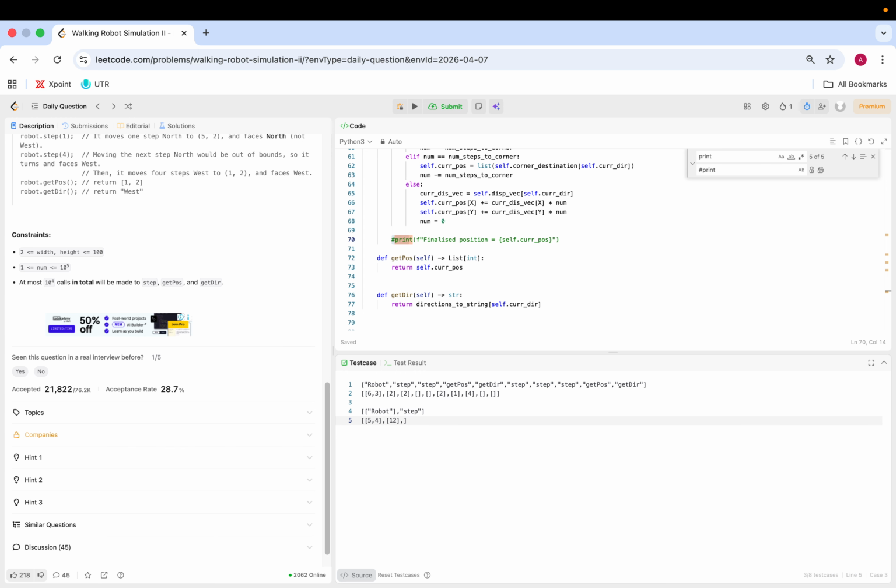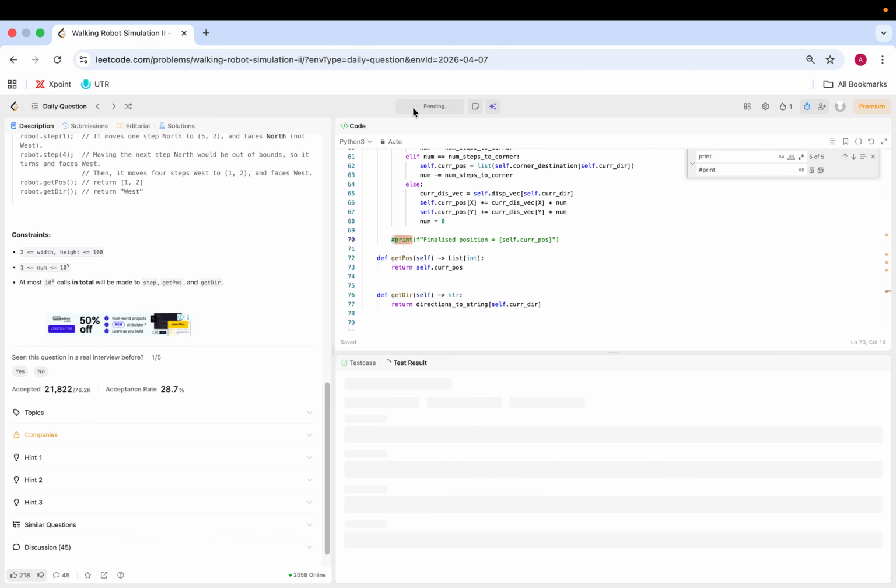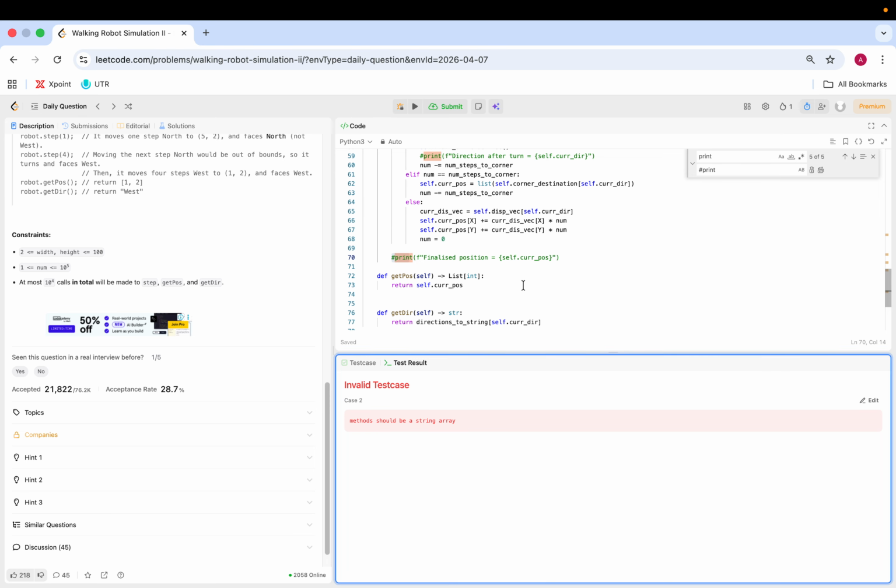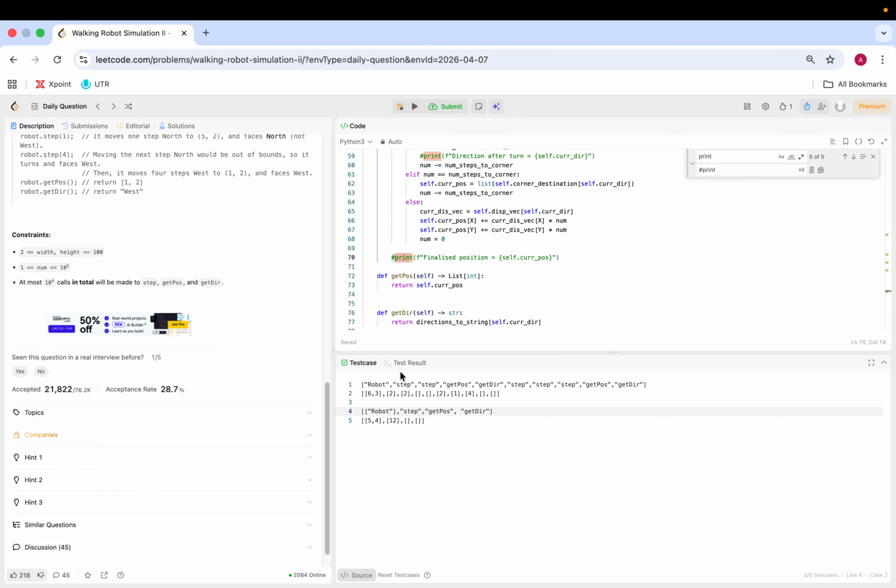Then I'll say get position and get direction. This is just to make sure that going south is also fine. I'm sure it is now, but what did I do?